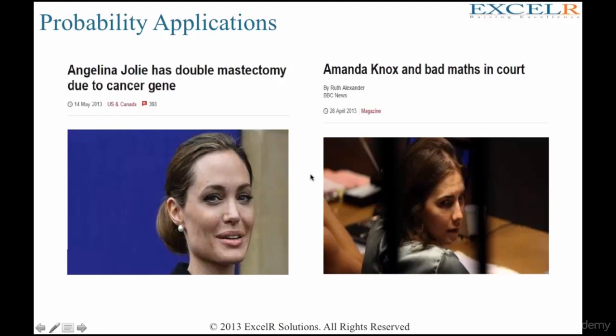Let me show you another example. Nowadays, if judges are dealing with high-profile cases, they're expected not just to base their decisions on the evidence produced, but they also have to back their statements with statistics. Let me show you one such example.